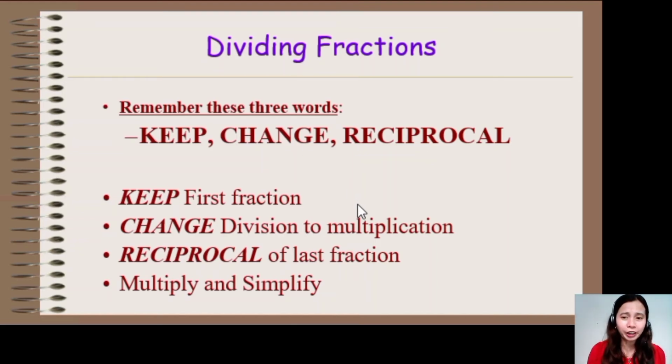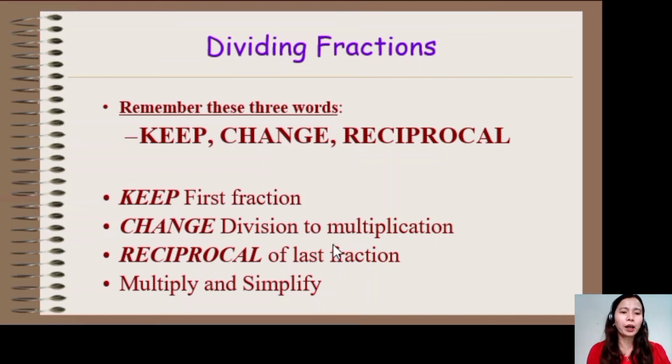So, earlier, you know the song of dividing fraction. So, it is keep, change, flip, or reciprocal. Okay? So, just remember, keep, change, flip.